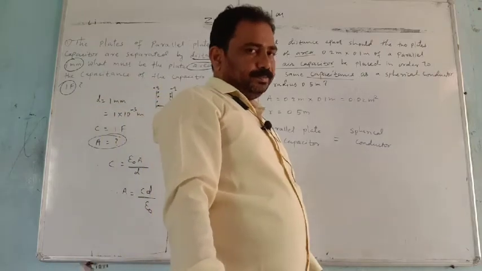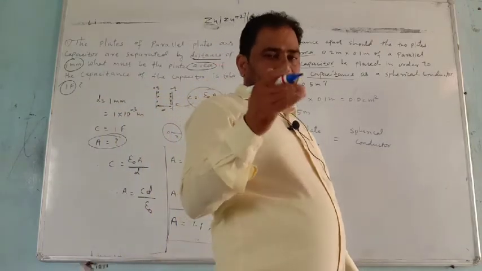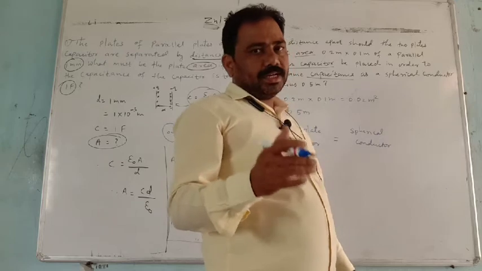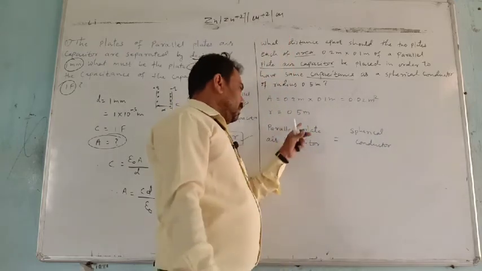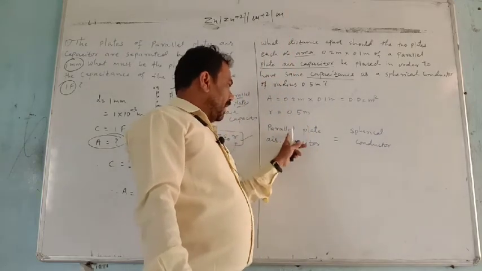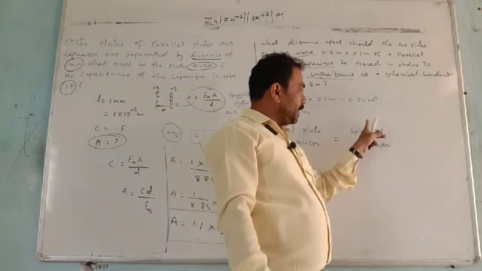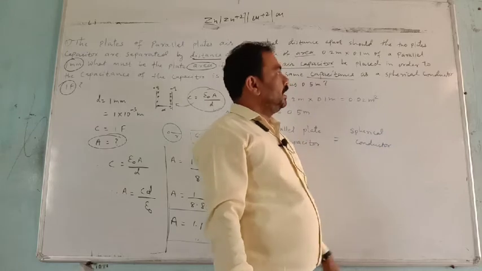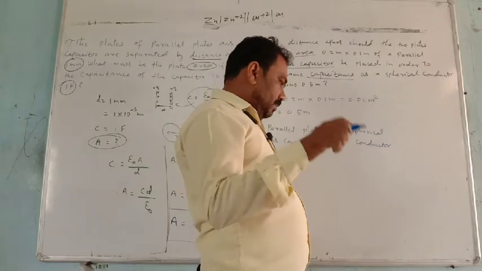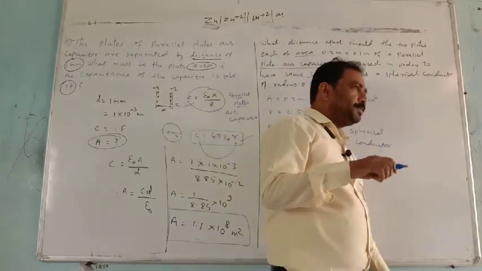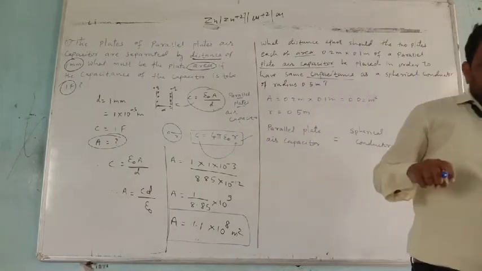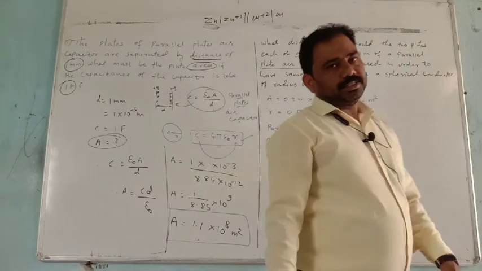The first capacitor is a parallel plate air capacitor and the second capacitor is a spherical conductor. And we know how to find the capacitance of a spherical conductor as well as a parallel plate condenser.